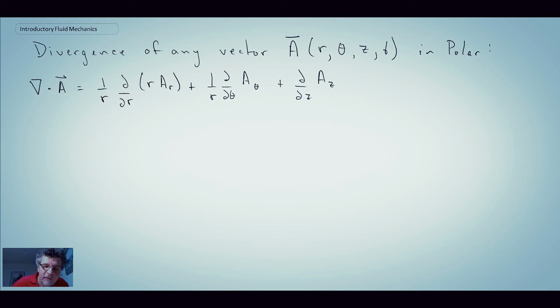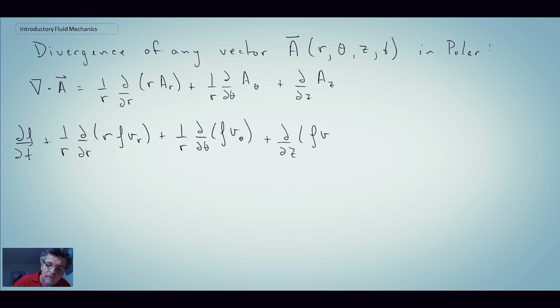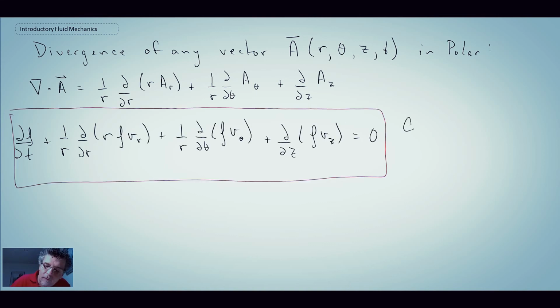And with that, we can then rewrite continuity in cylindrical or polar coordinates, and it would look like this. So that is conservation of mass in cylindrical coordinates.